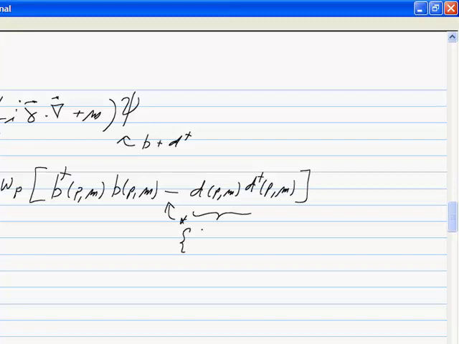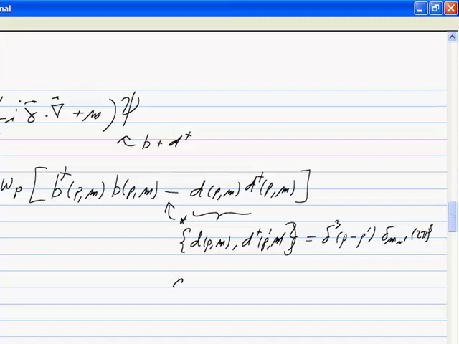I use the anti-commutator of d of p and m with d dagger of p prime and m prime, which is delta^3 of p minus p prime, delta m m prime, and (2 pi)^3.